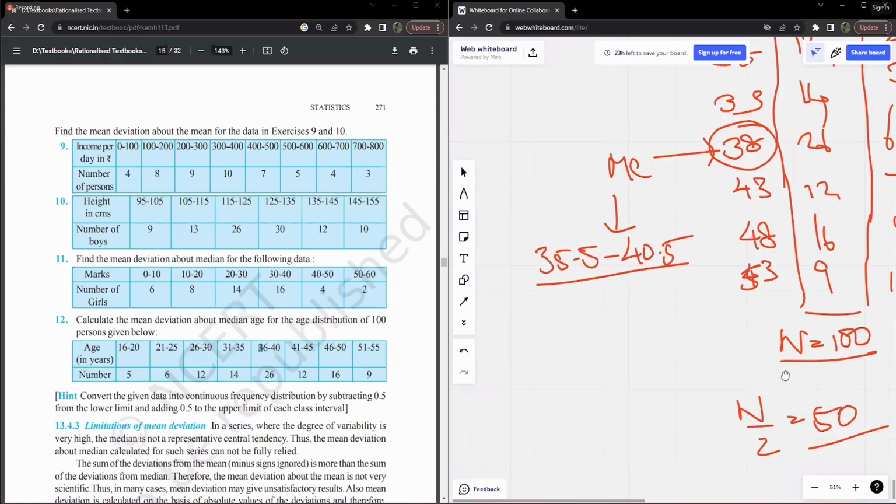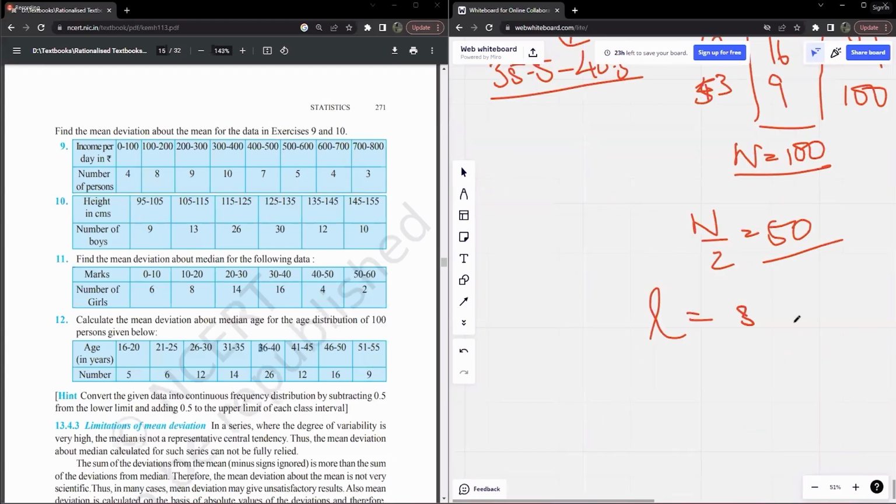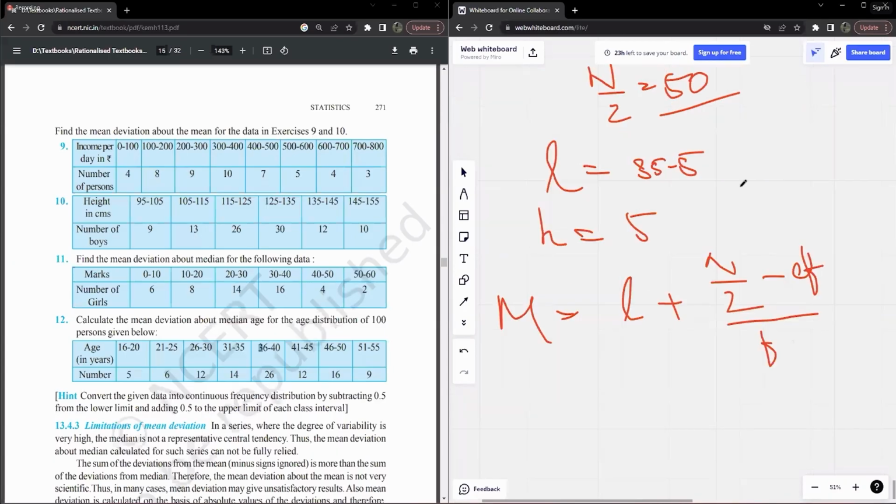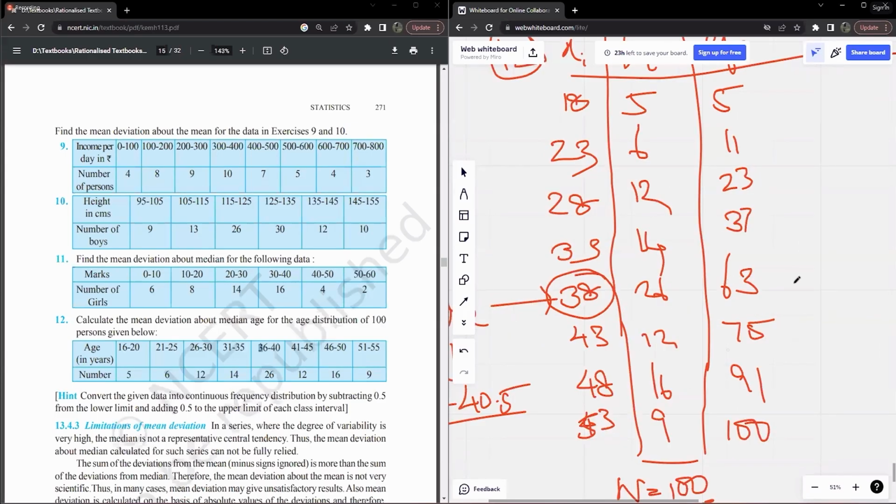So you can write your median as L plus n by 2 minus cf into h, which is 35.5 plus 50 minus, this is cf of the previous class, that is 37, divided by the frequency of this class, that is going to be 26, into 5. 50 minus 37 is 13. 13 by 26 is 1 by 2.